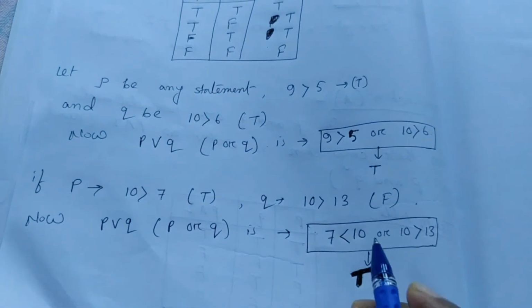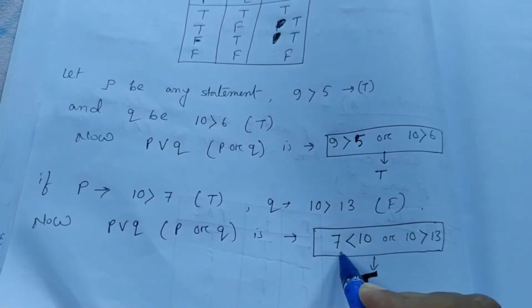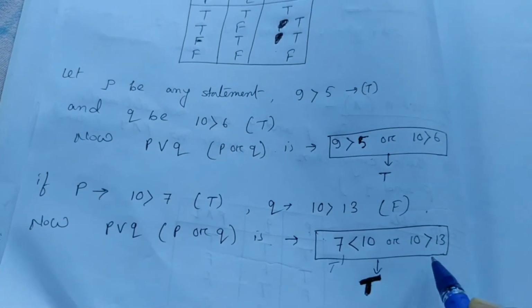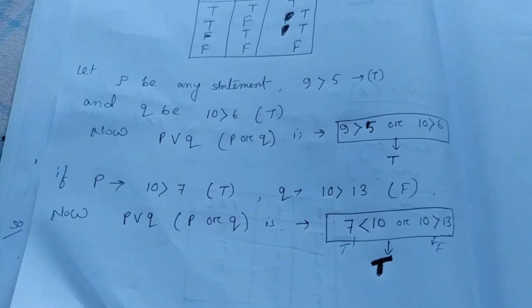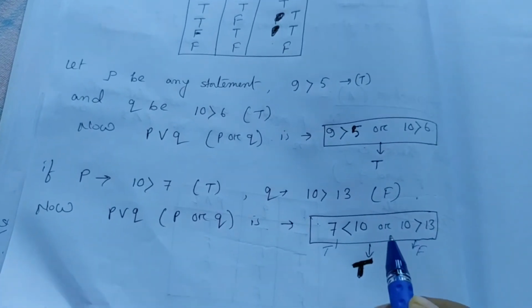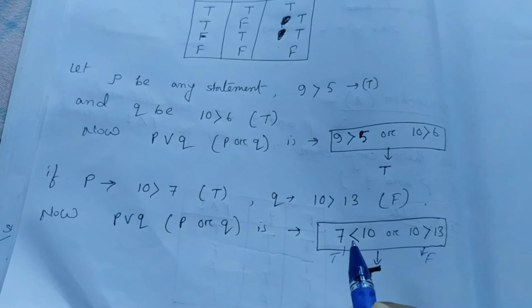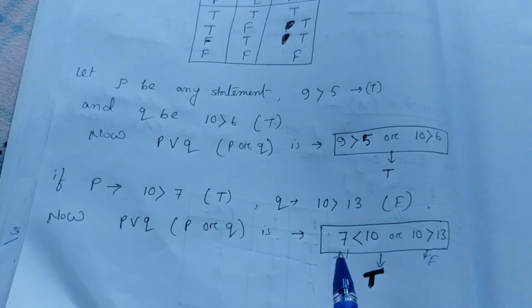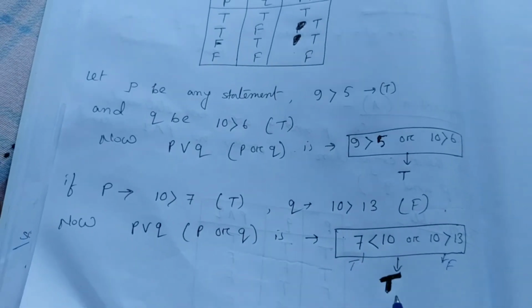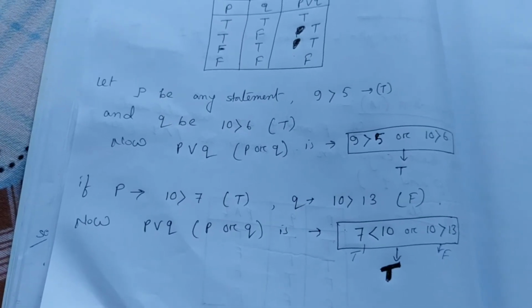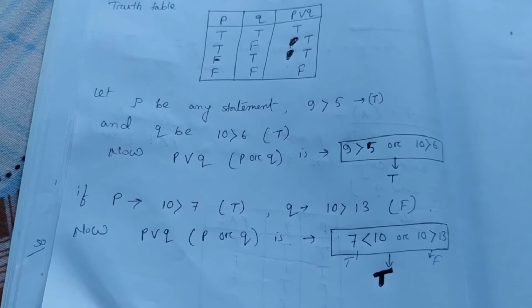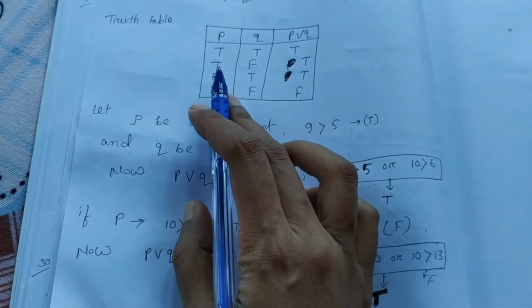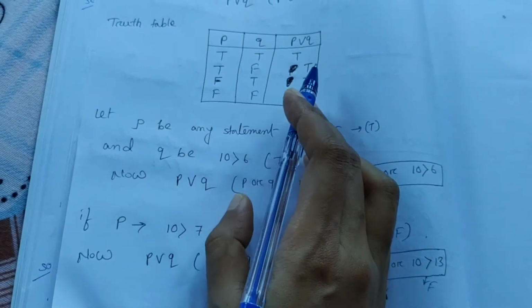Now see, the first is a true statement, but the second is false. So I will prefer to take the true statement. Since it is combined using the word or, I will take either one. So the whole statement is again true. So I have written, if P is true, Q is false, then it is true.